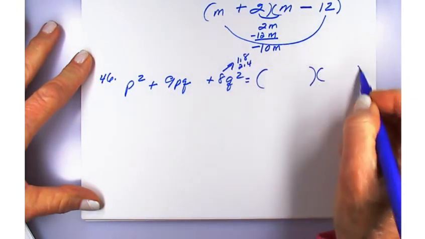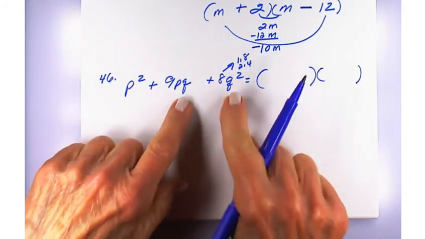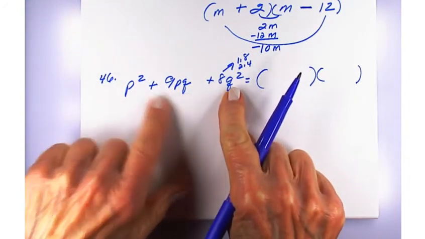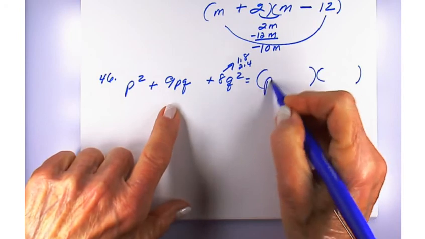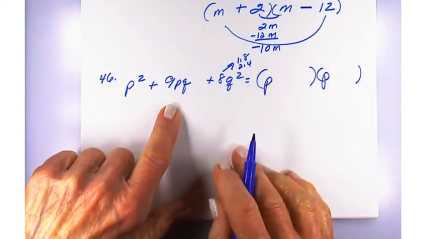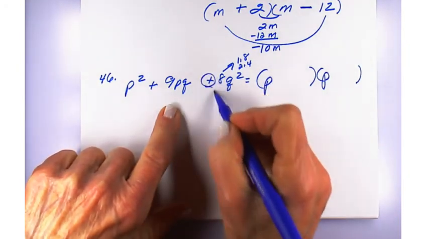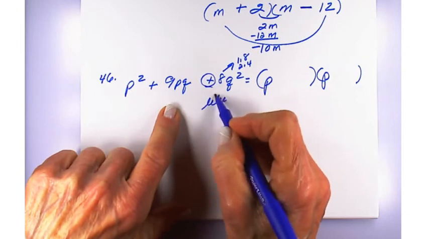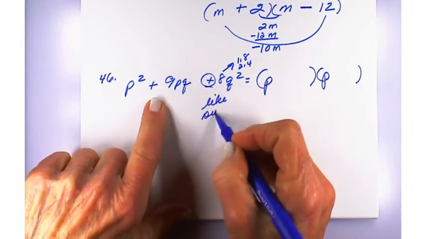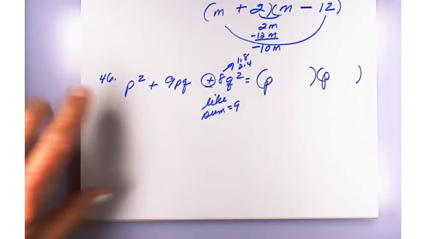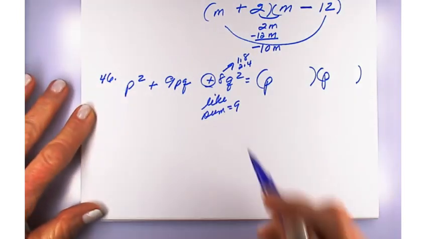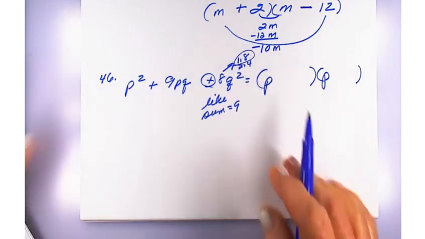And this one's a little different because we have two variables. We have a P and a Q. So this is my P and my P. This tells me the signs are like, so I need a sum equal to 9. So I see that 1 plus 8 is 9.